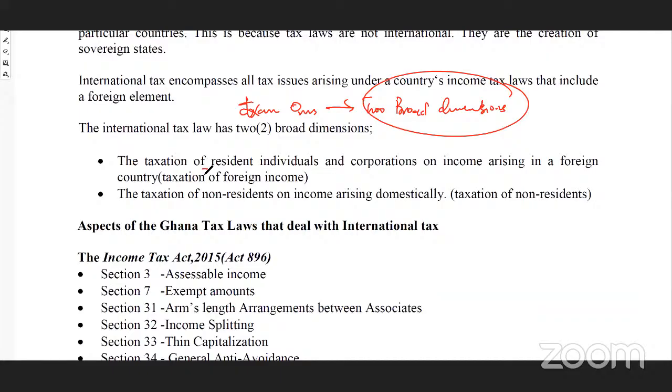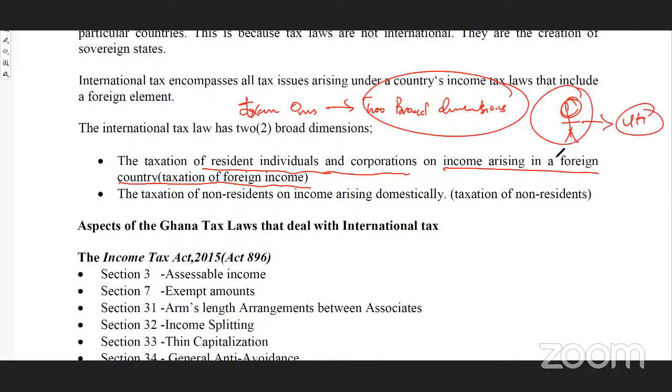Either you are taxing Ghanaians or resident individuals and corporations on income that arises in a foreign country, like the example I gave with Kofi. You all get the idea. Kofi is a Ghanaian, but Kofi went to the UK and was taxed there. So Kofi is a resident of Ghana, but he's taxed on foreign income.